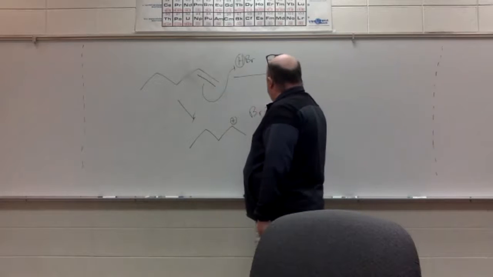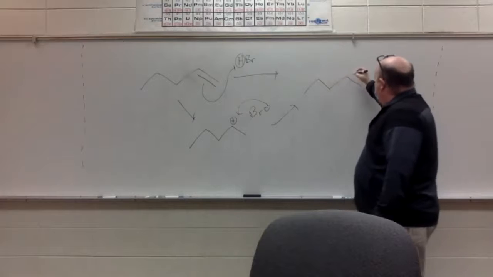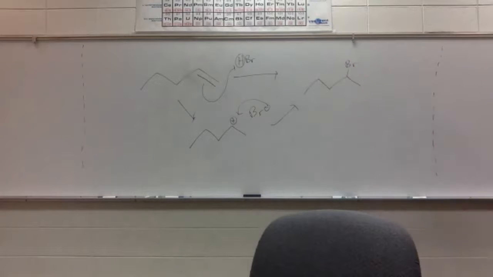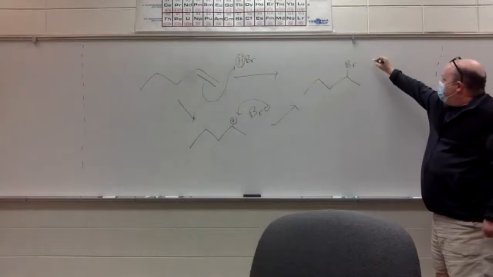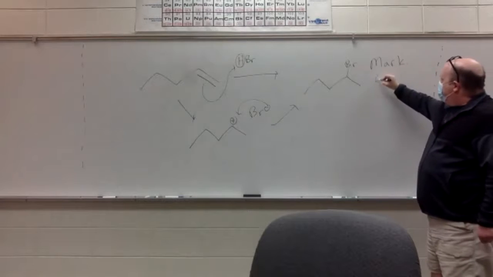Br minus comes in. Boom, you get a product. That's an ionic hydrohalogenation of a double bond, and it gives you the Markovnikov product.